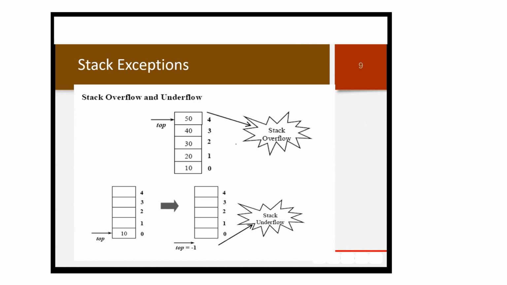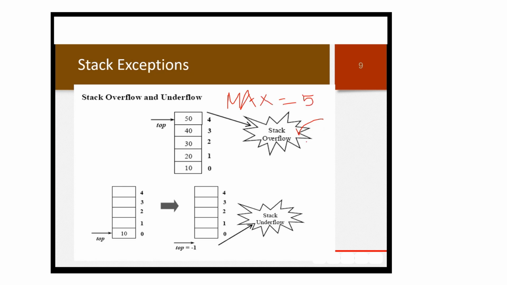That's the situation shown in this slide, where top is pointing to the topmost position and we don't have space beyond this. So any push operation called at this point should give me an error. That's called a stack overflow. We'll see how to do this. Supposing max is my maximum, which is 5.